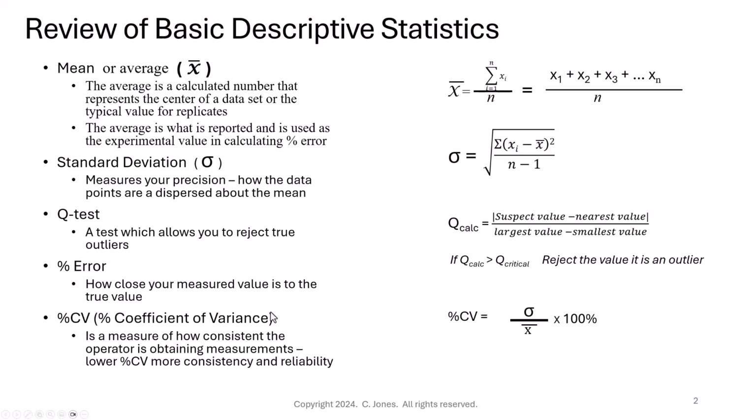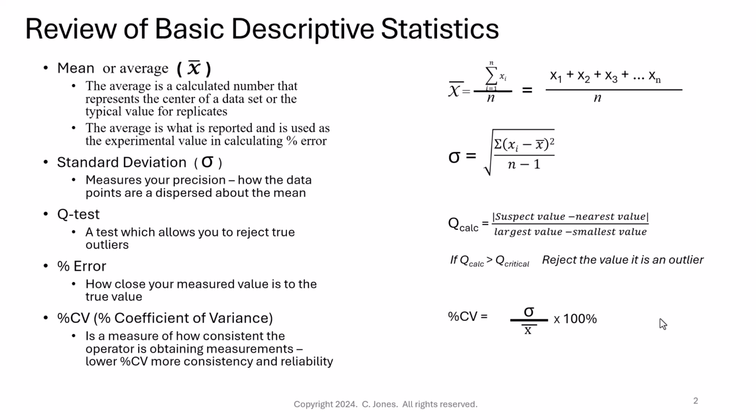The percent error, again, is how close your measured value is to the true value. We did several calculation examples of this in segment 9, so I'm not even going to put the equation up, but hopefully you remember the equation from segment 9, because we will include this in our examples. And then finally we have the percent CV, the percent coefficient of variance.